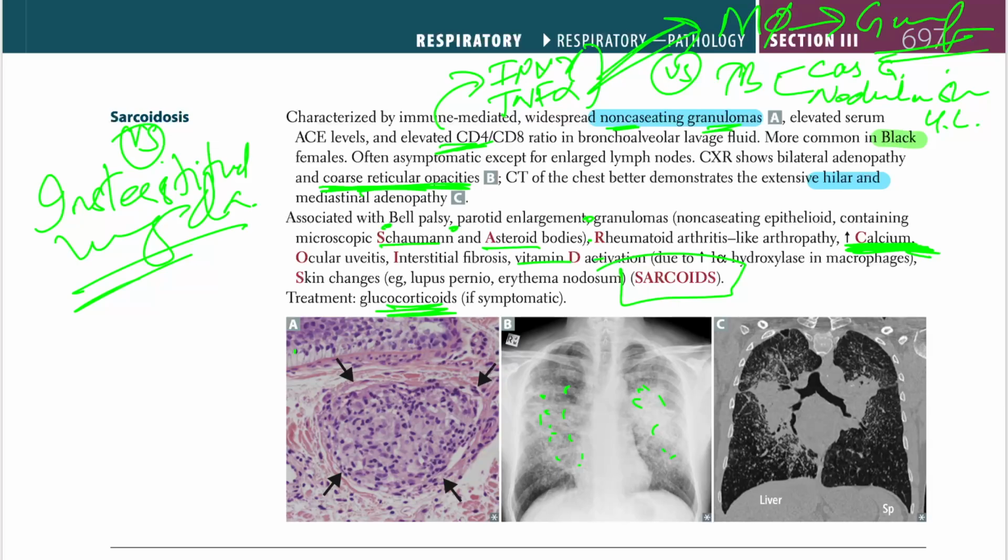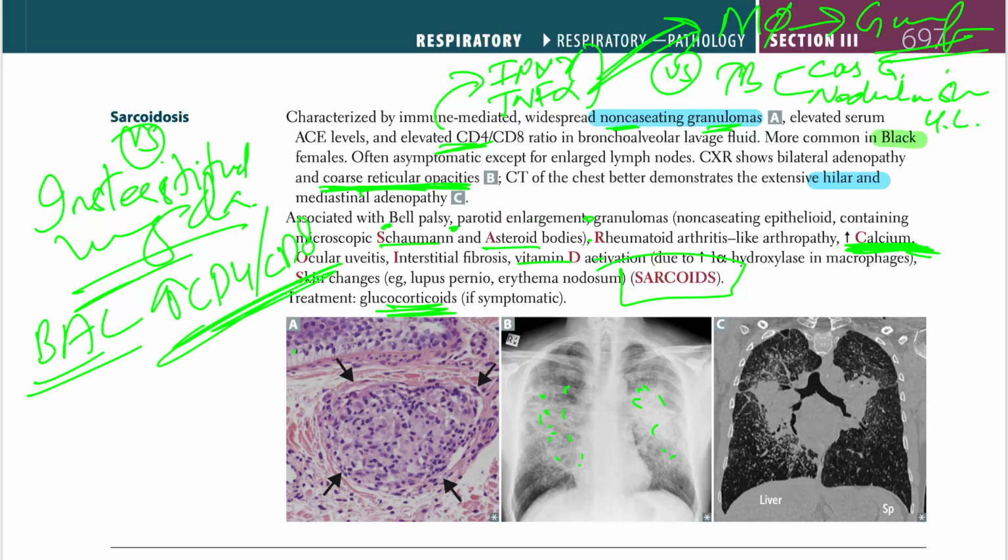So we do BAL, which is your bronchoalveolar lavage, and in bronchoalveolar lavage, if you have an increase in CD4 count to CD8 count ratio, then you right away think about sarcoidosis.